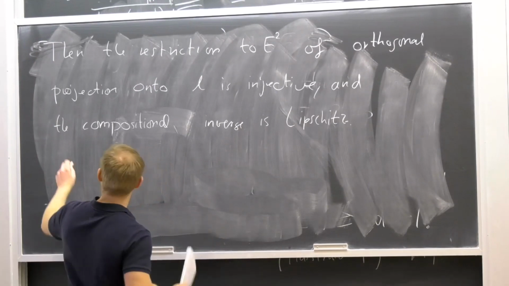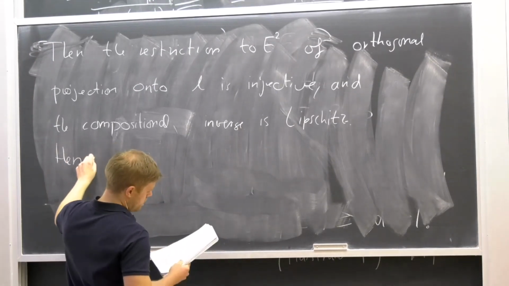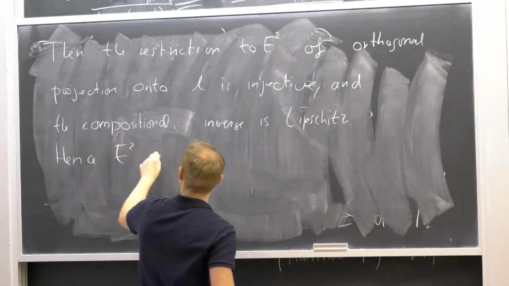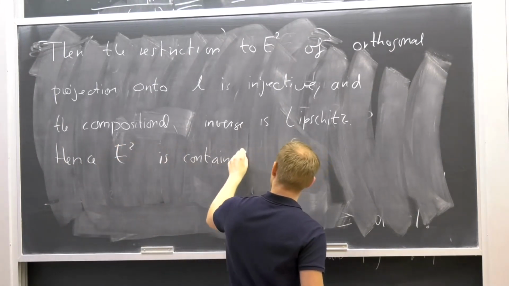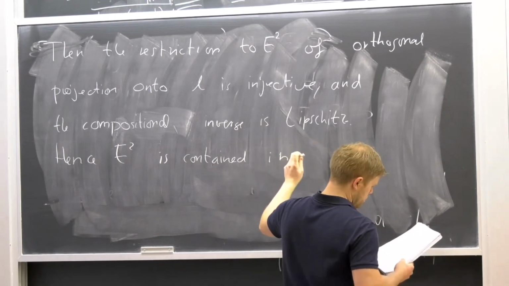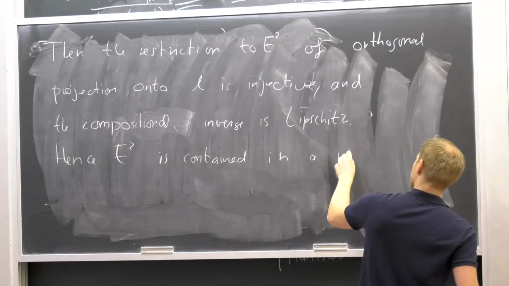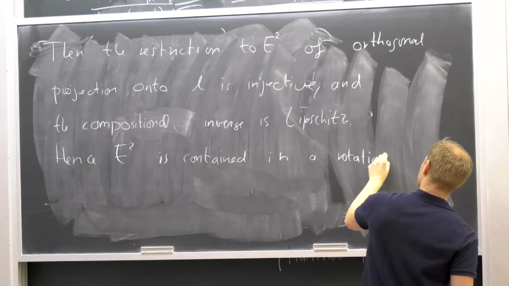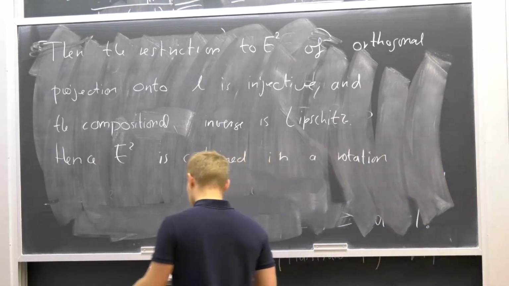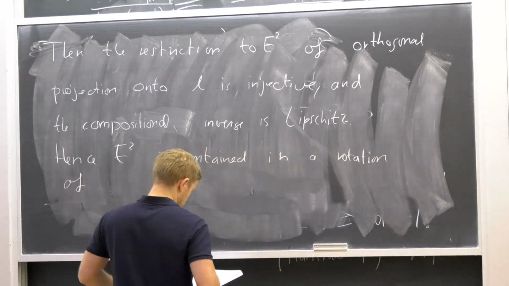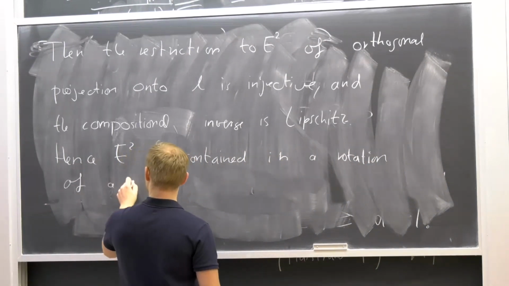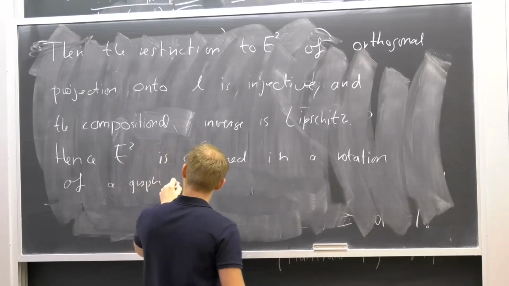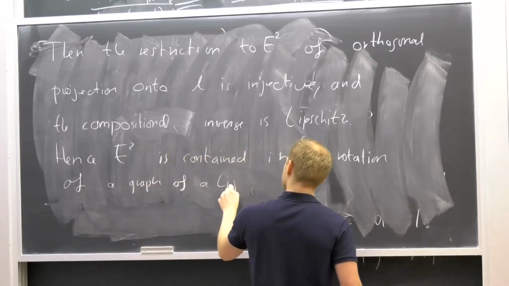So hence, E square is contained in a rotation of the graph of a Lipschitz function.